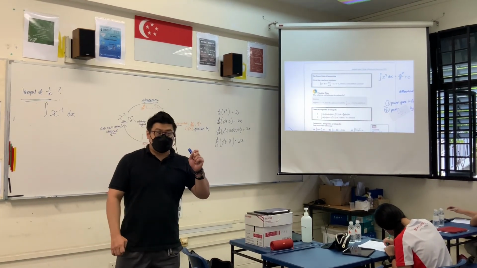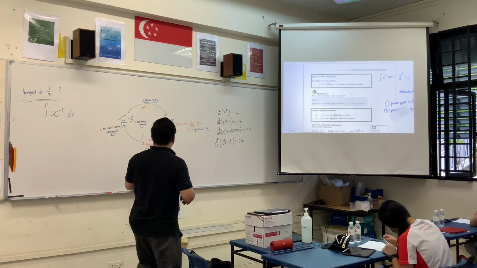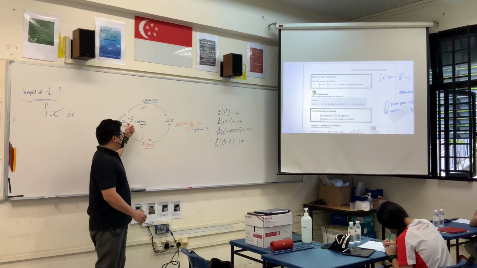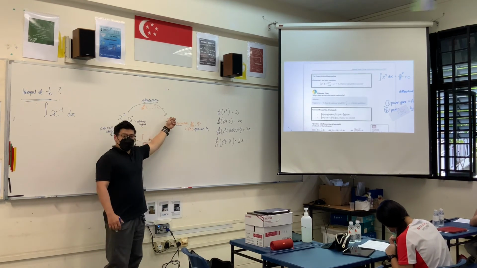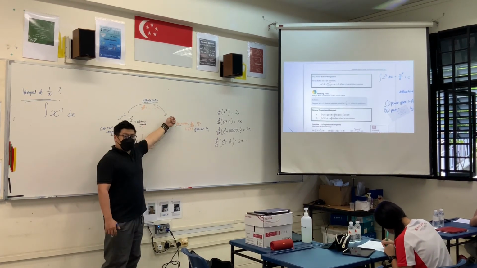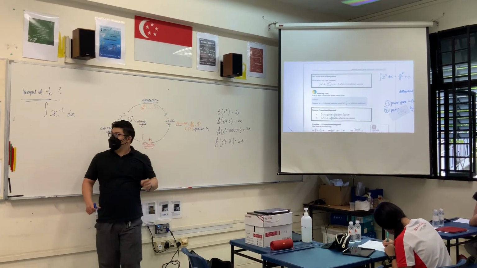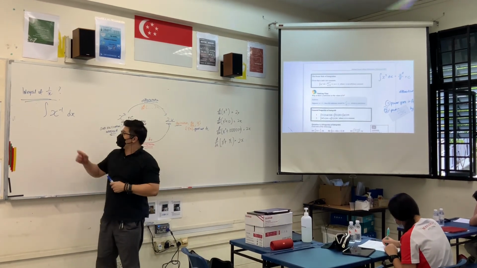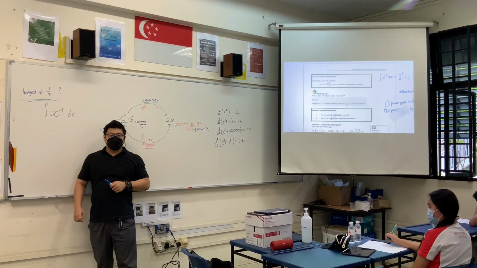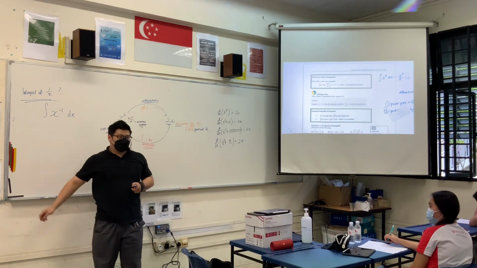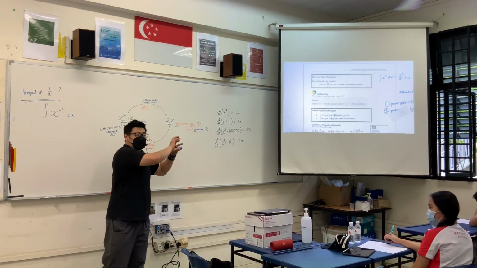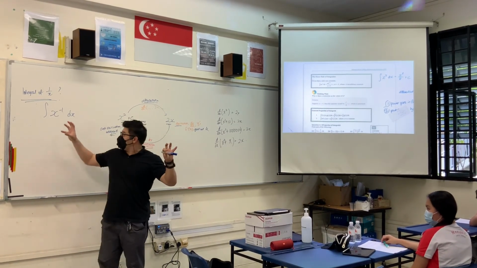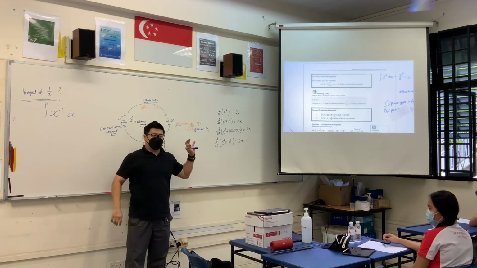To help you answer this question, remember that somebody has differentiated to get 2x. So let me ask you, which function, when you differentiate, will give you 1 over x? When you integrate 1 over x, you will get back that function.